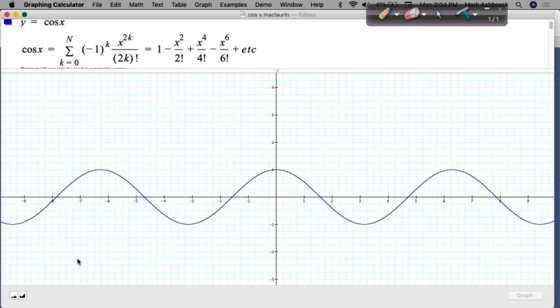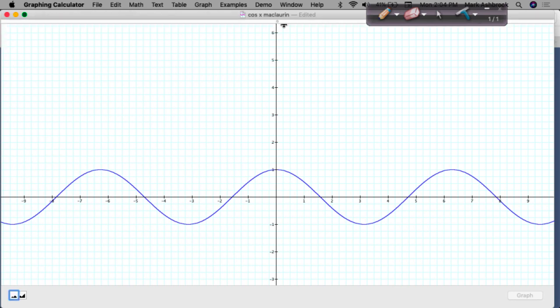I could have asked you to do this before we even started building the series. So without the series, can you sketch the first 3 Maclaurin polynomials for cosine x? This is a good conceptual test question.